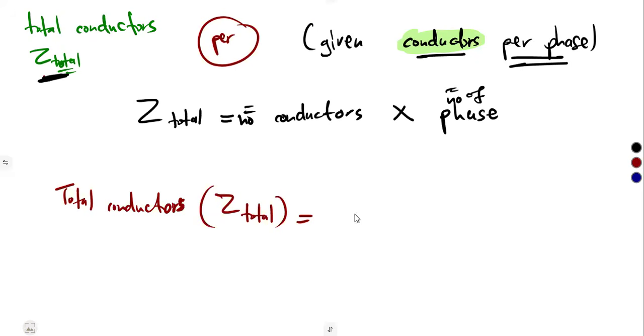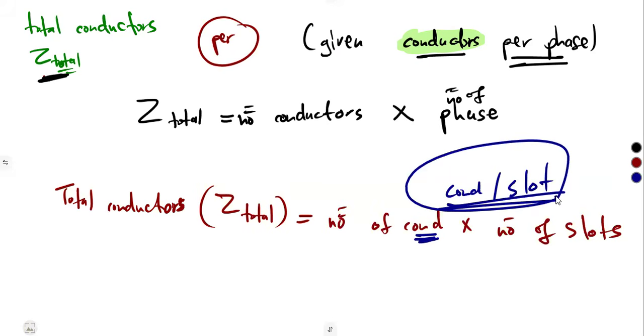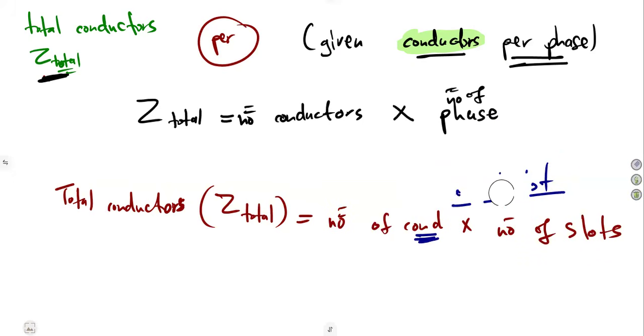If you are given that, number of conductors times number of slots. This must be from a condition when you were given conductors per slot. So I'm just writing in short, guys, conductors. It must be from conductors per what? Per slot. If you have this on your information, you use it to find what? Z total.